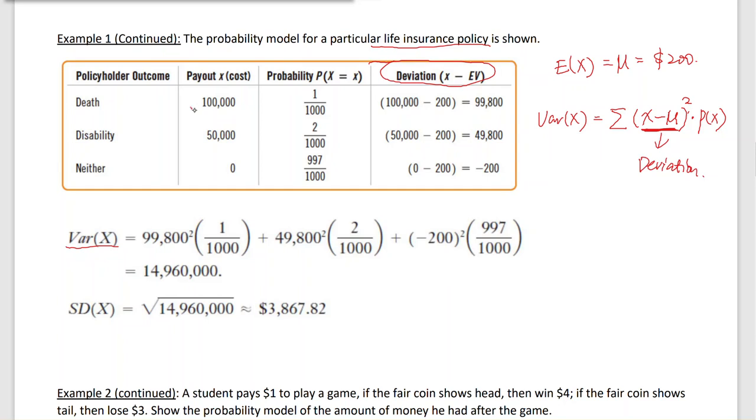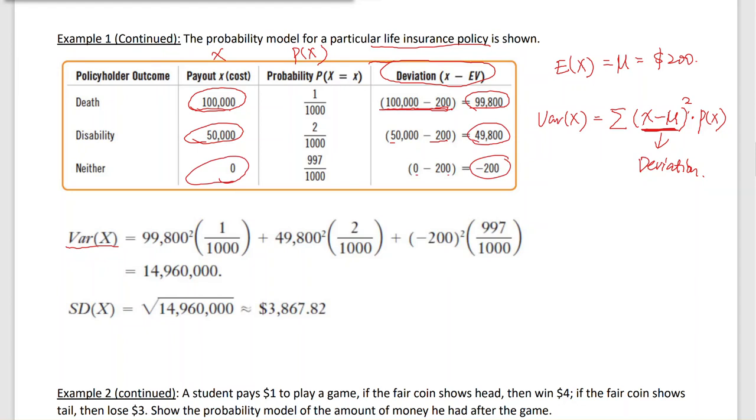So we have the outcome x, and this is the probability of x. Then we have x minus the mean, the expected value, which is this deviation. For this outcome, we have 50,000 minus the mean. For this outcome, we have 0 minus the mean. Then we will have 3 deviations.